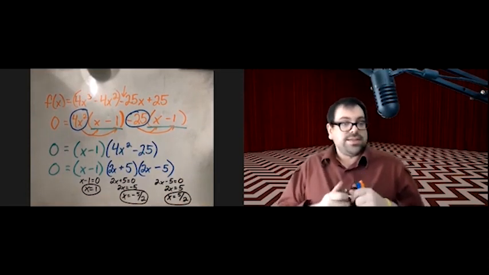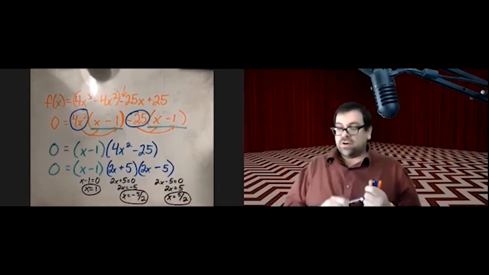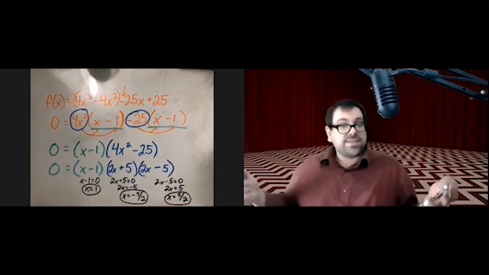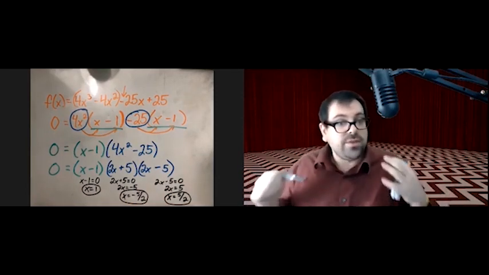So those are our 3 zeros of this function. We just found x-intercepts. These are points that we can put on the graph.